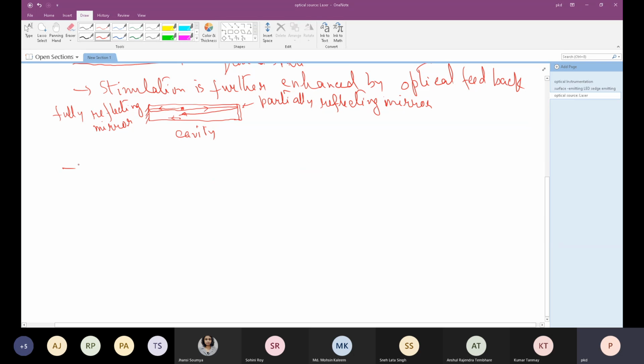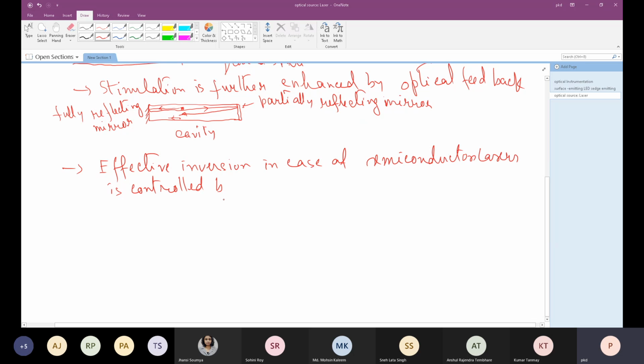Effective inversion in case of semiconductor laser is controlled by the gain and absorption in the medium.